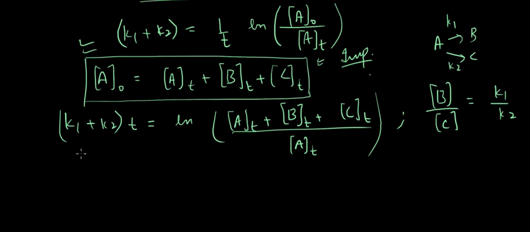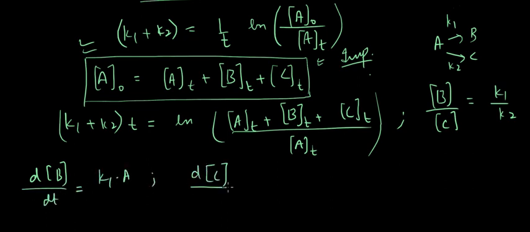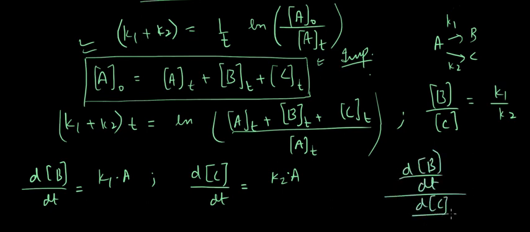So from here we can also write that dB by dt would be equal to K1 times A, and dC by dt would be equal to K2 times A. So if we divide the two, we would again get that dB by dt divided by dC by dt would again be K1 upon K2.